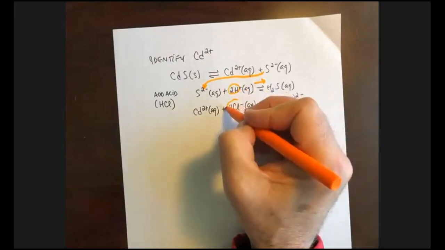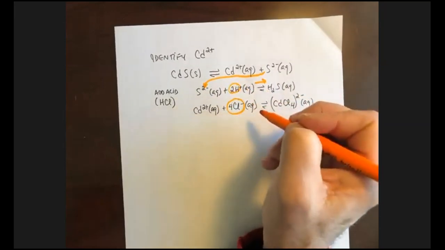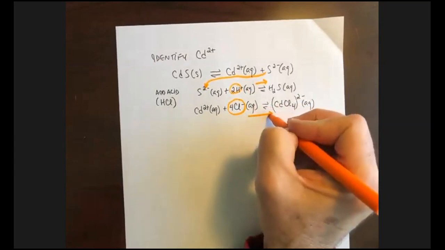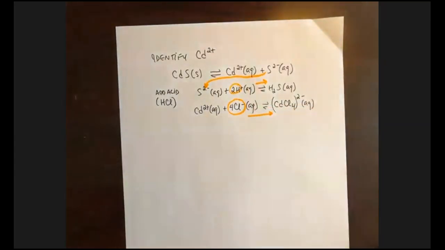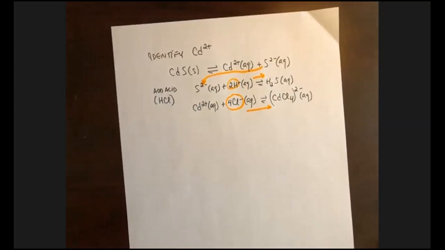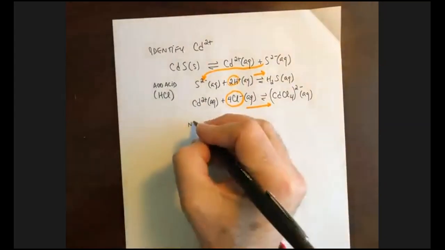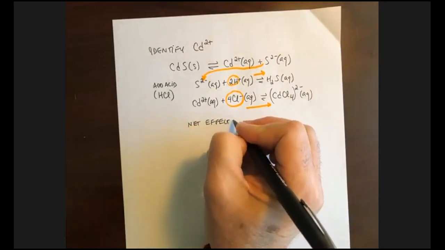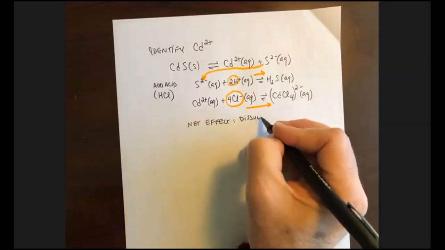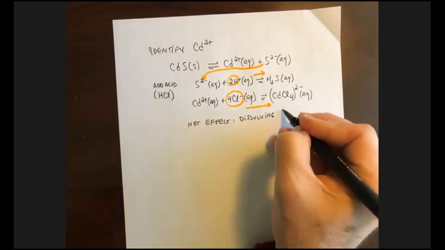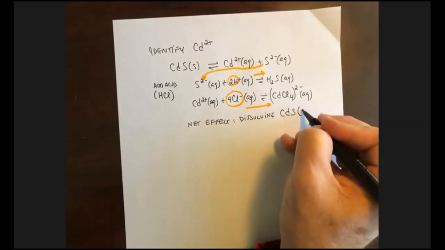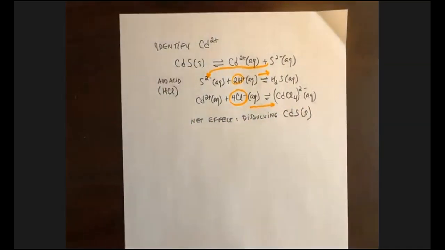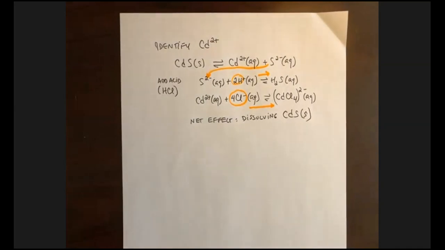And since at the same time we're increasing the chloride ion concentration, we are pushing this equilibrium to the right, which means that the net effect is that we are going to be dissolving the cadmium sulfide precipitate. That's the net effect.